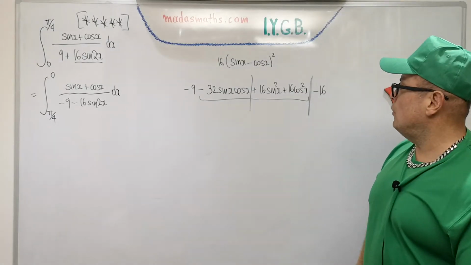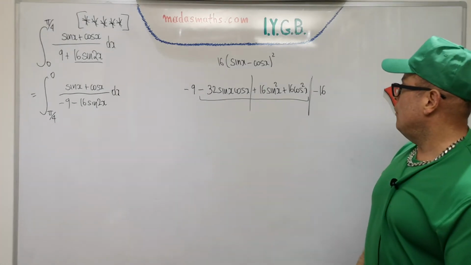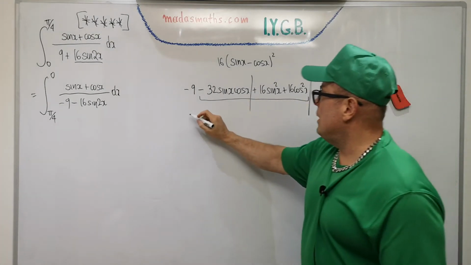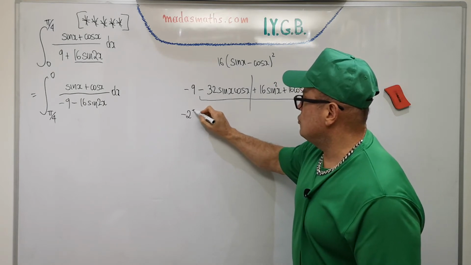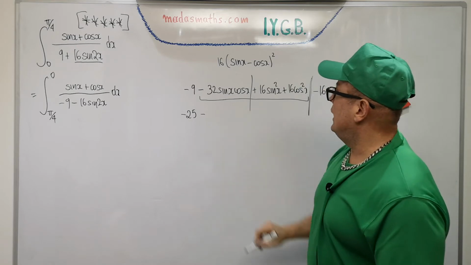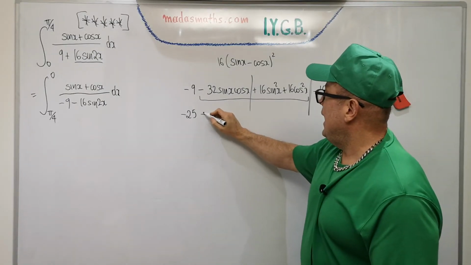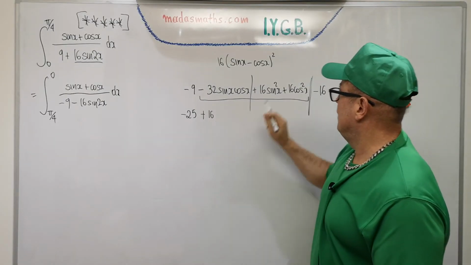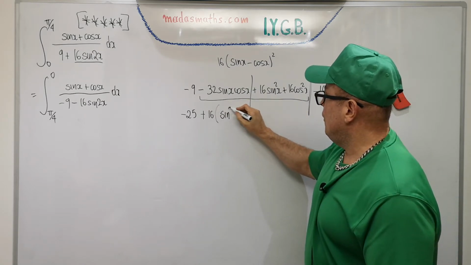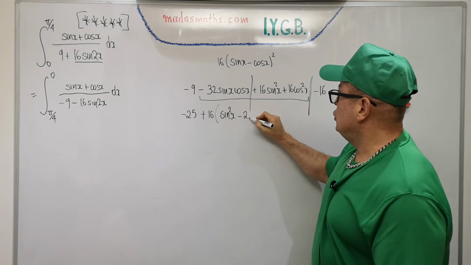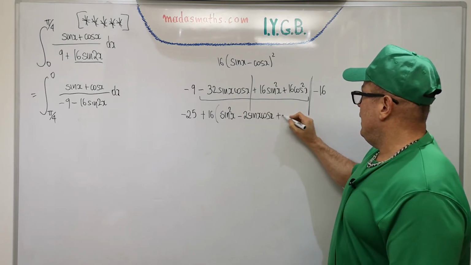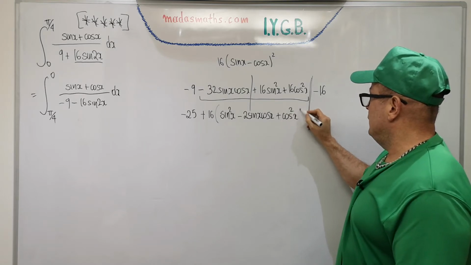Make sure you follow what I'm doing and you're happy with what I've done so far. Then, of course, the minus 16 and the minus 9, I can write as minus 25. This is that and that put together. And this I'm going to factorize, a plus 16 out of those 3 terms, and I'm going to write this as sine squared x minus 2 sine x cos x plus the cos squared of x.